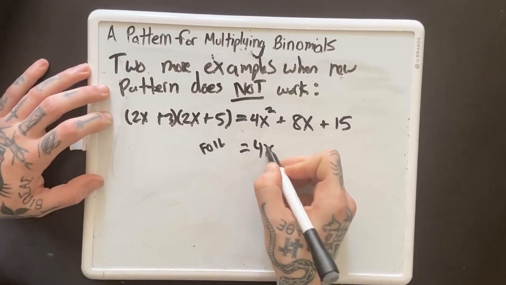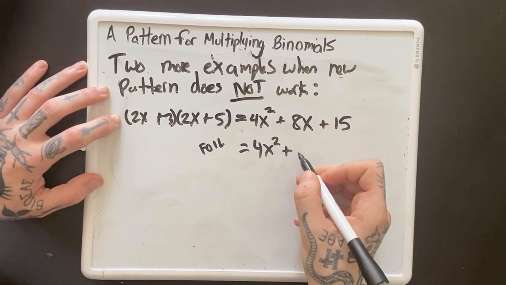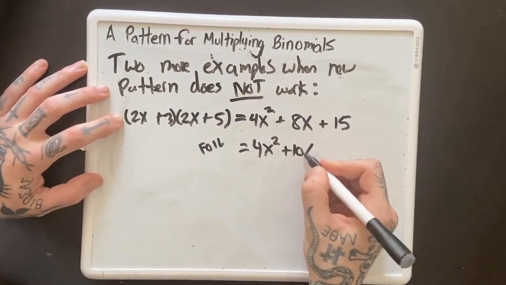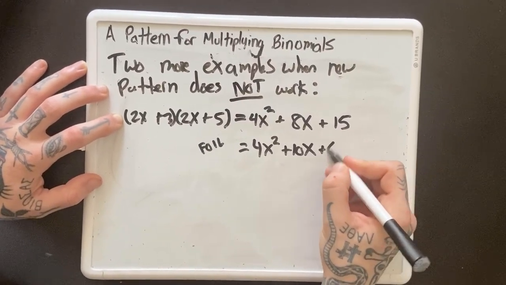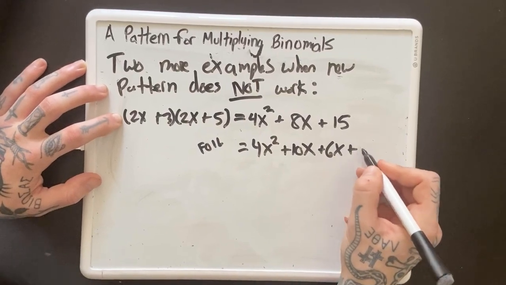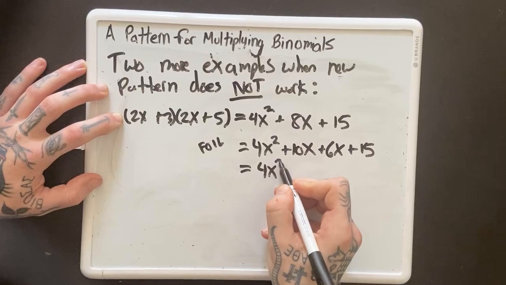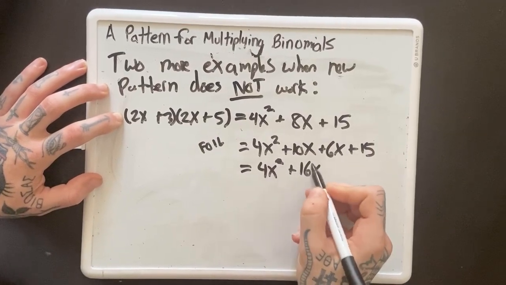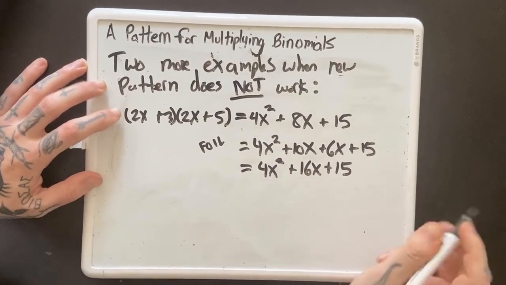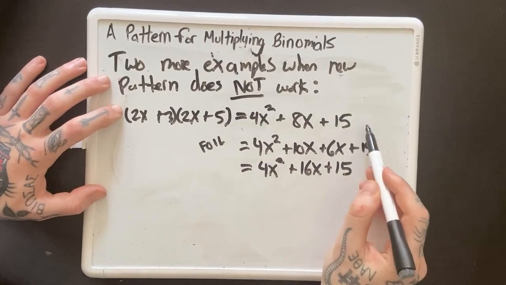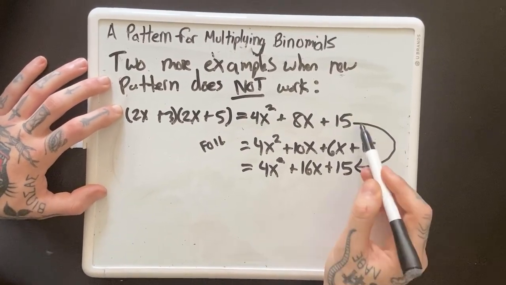Now we're going to FOIL. So we're going to get 4x squared plus 10x plus 6x plus 15. So we get 4x squared plus 16x plus 15. So again, these are not equal.